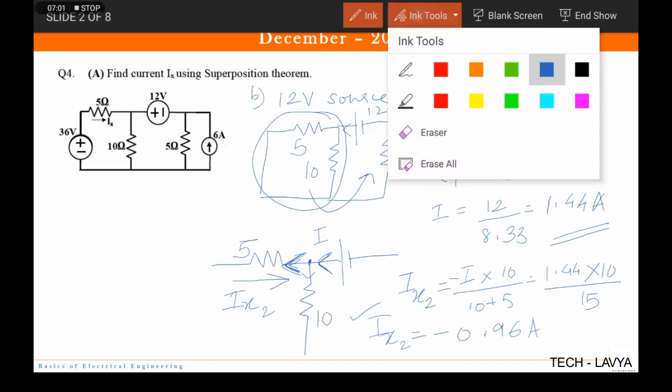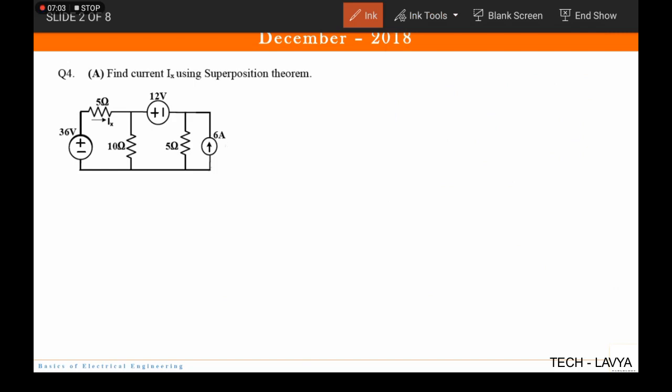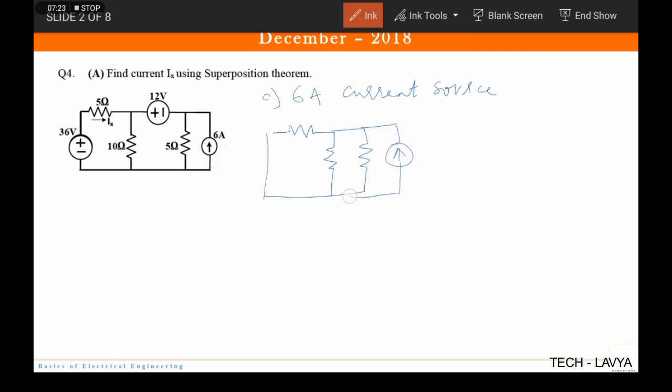So again let us erase it, and finally we come to the 6 amperes current source. Here we have 5, 10, further we have 5, and then we have a 6 amperes current source. So this is 6, 5, 10, 5.